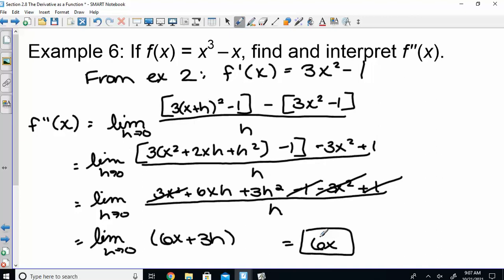So, what does this mean? The first derivative gives you the slope of the tangent line, right? So the second derivative would be the slope of the tangent line of the graph of the derivative.